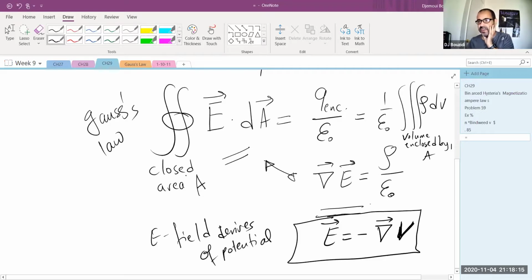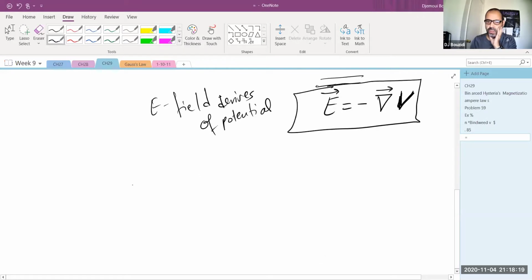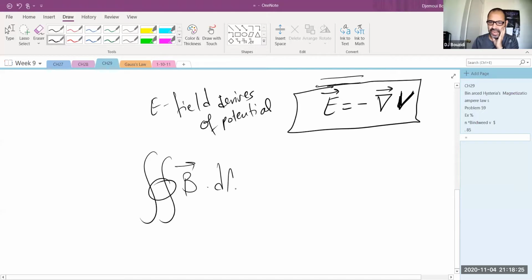Then we discovered magnetism. And from the get-go, since there are no monopoles, we know that the flux of the magnetic field over a closed area, any closed area in this case, is going to be 0. Why? Because there are no monopoles.